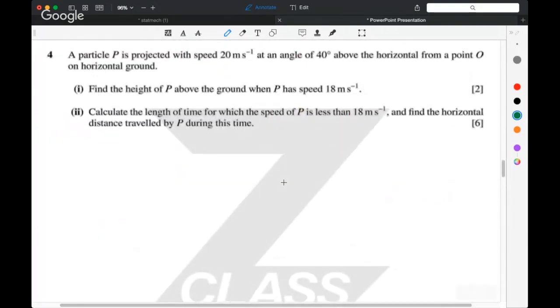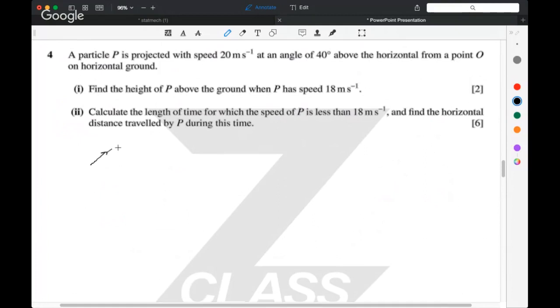Okay, question 4. So this one's not too bad at all. It's one of these parabolic motion equations again. So you're projecting some particle at an angle. So it's being shot out of a cannon, like so.